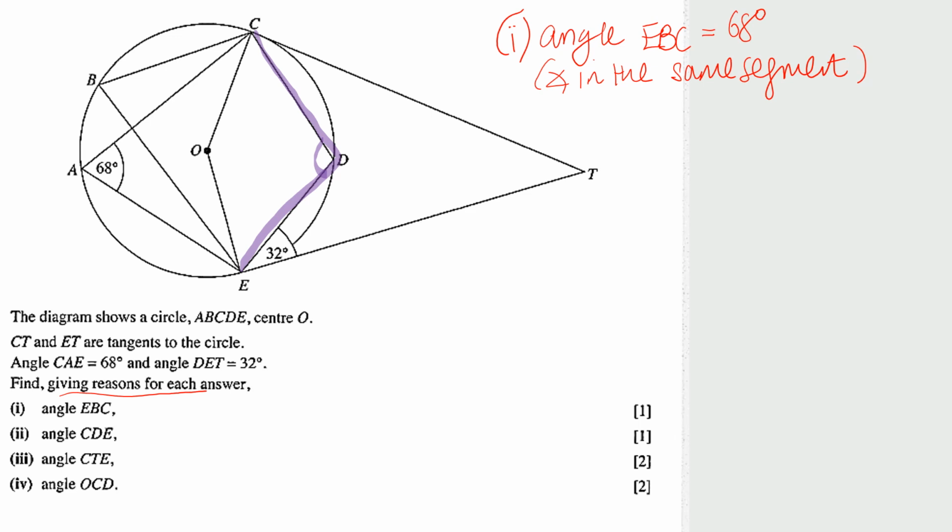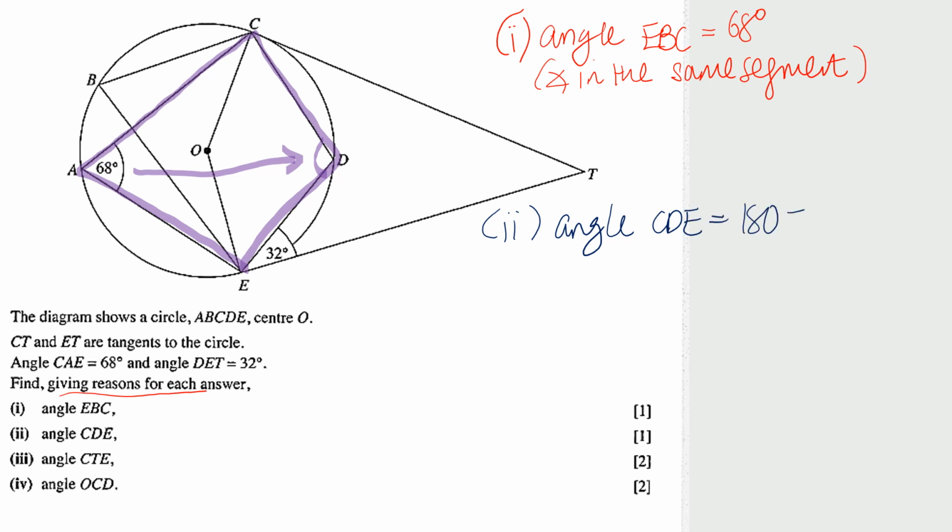So what we're looking for is the quadrilateral. Okay. All right. Can you see that there's a cyclic quadrilateral? Right. This is a cyclic quadrilateral. And what do we learn about the angles in the cyclic quadrilateral? So therefore, angle CDE would be equal to 180 minus 68.